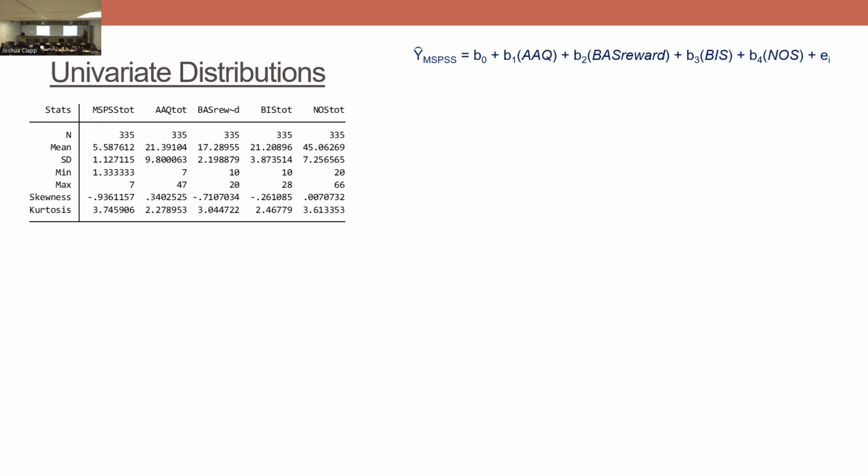Are there any major concerns in these data with my distributional indices here, skew and kurtosis? Things are looking pretty good, right? Not too bad.